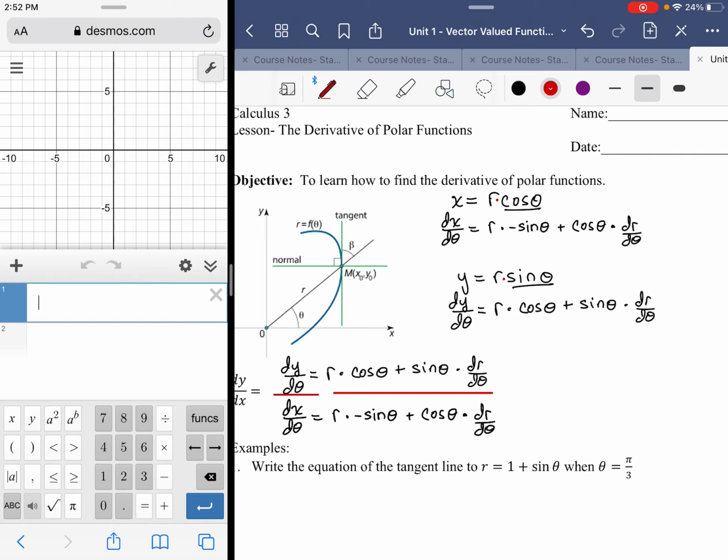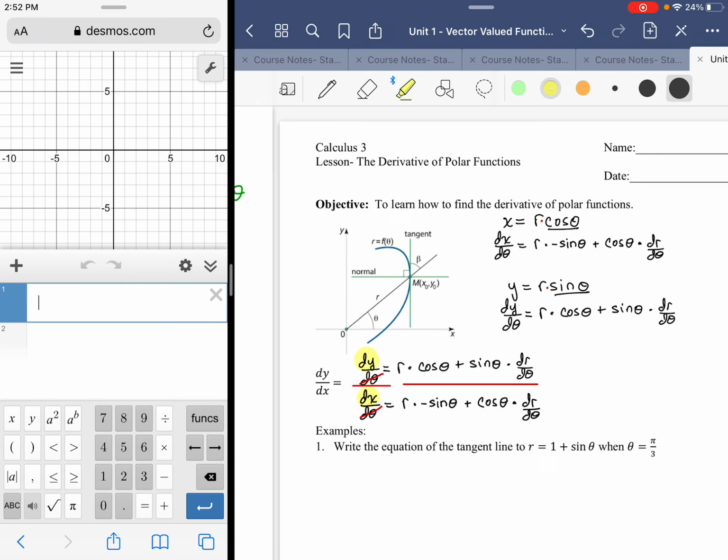I think I said the ratio of dy to d theta. What I meant to say is dy d theta to dx d theta. The reason why that's a good thing to do is because the d thetas would cancel and you'd be left with just the dy dx.